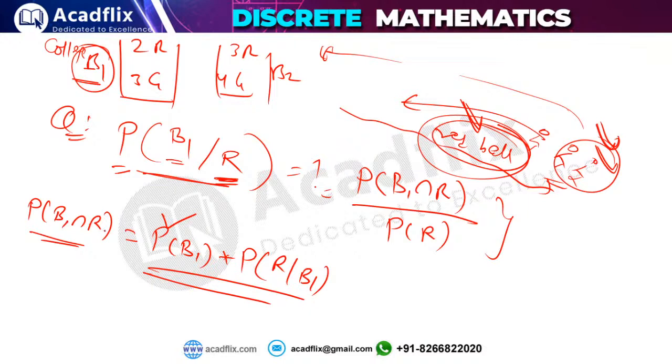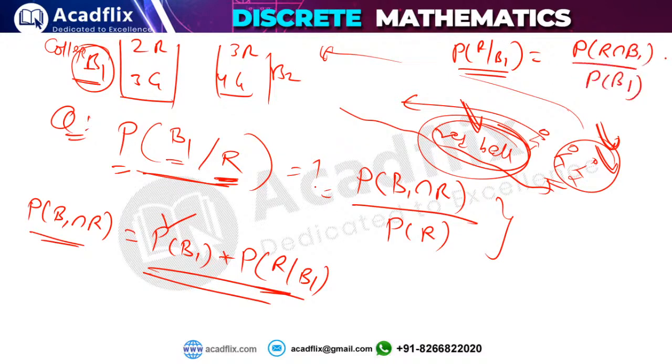It is nothing but probability of R intersection B1 divided by probability of B1. We want the value of probability of B1 intersection R. Then it will be nothing but probability of B1 multiplied by probability of R given B1.